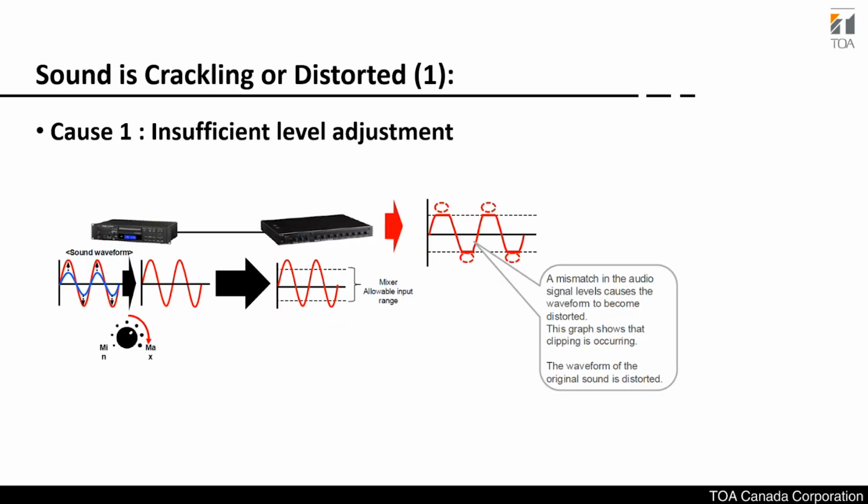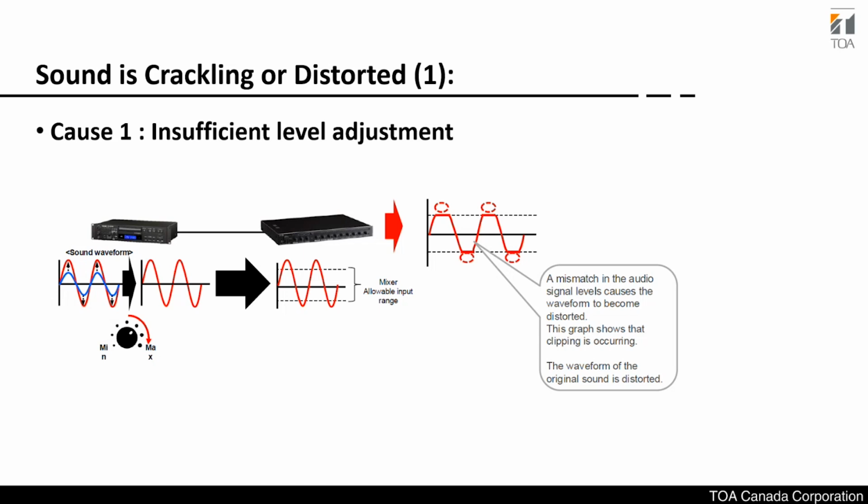Besides polarity checking, another quite common problem we encounter in audio setups is sound cracking or distortion. One of the most common issues is excessive level input to the system. The volume on the sound source device is not adjusted correctly, causing excessive input to the mixer.